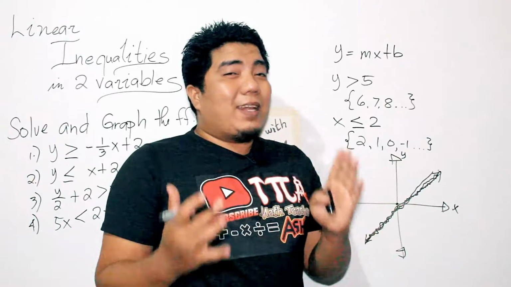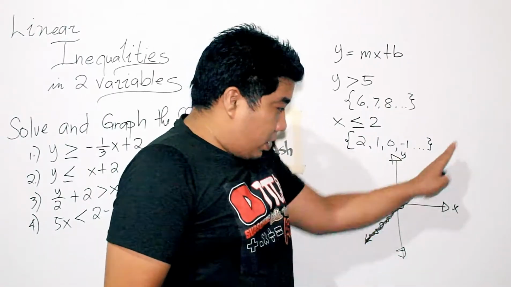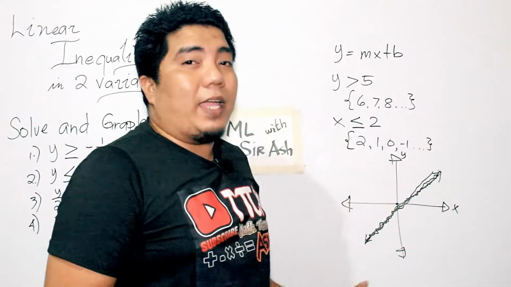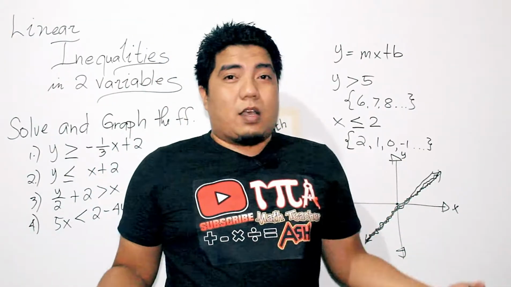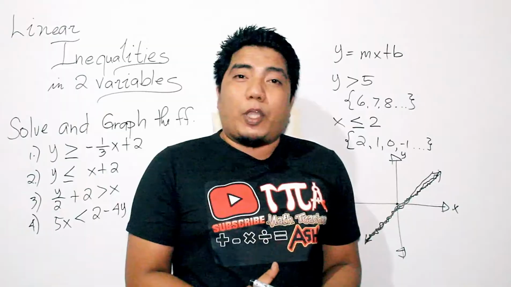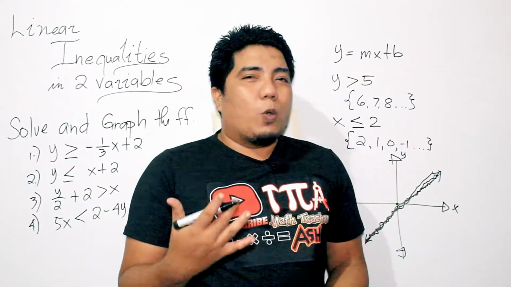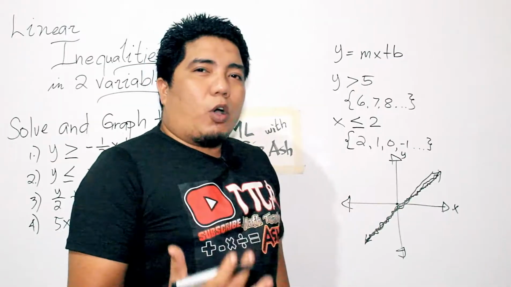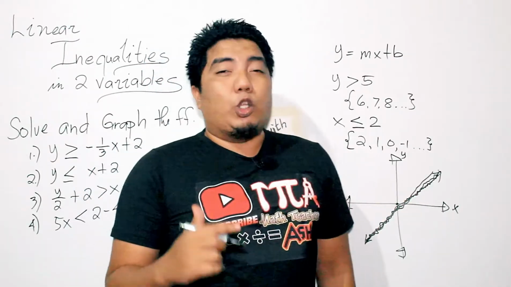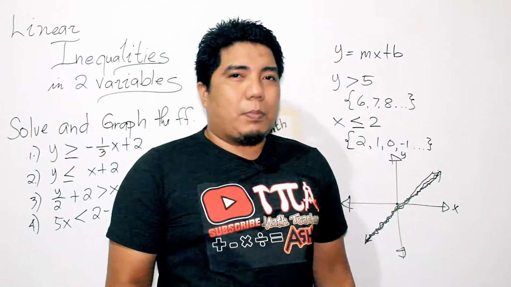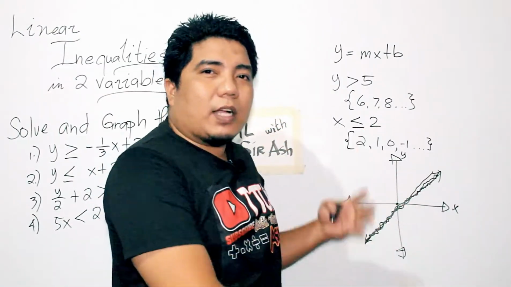So, in a linear equation, any point that is part of the line is an answer to your given equation. But that is different in linear inequality. Why? If we are talking about linear inequalities in two variables, we are talking about a region, meaning a part of the Cartesian plane.